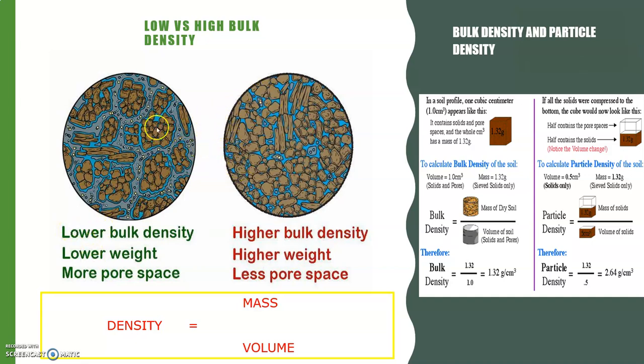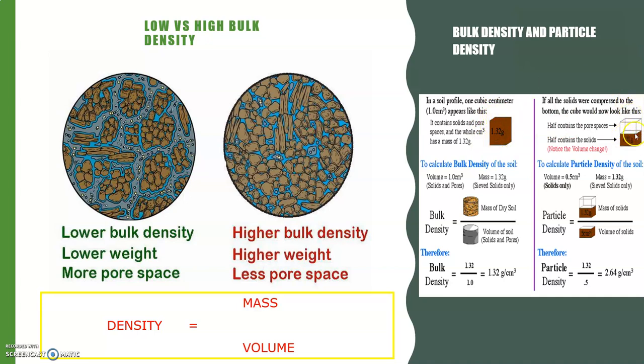Okay, you can see what's the difference between these 2 pictures. One has a lot of macropores. The other one only contains micropores. This is a compressed soil. The soil is already compressed. This one is normal soil, haven't compressed yet. So this is bulk density. If the soil hasn't been compressed yet, this is bulk density.